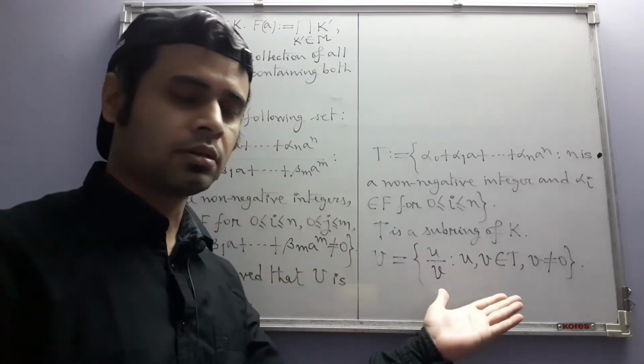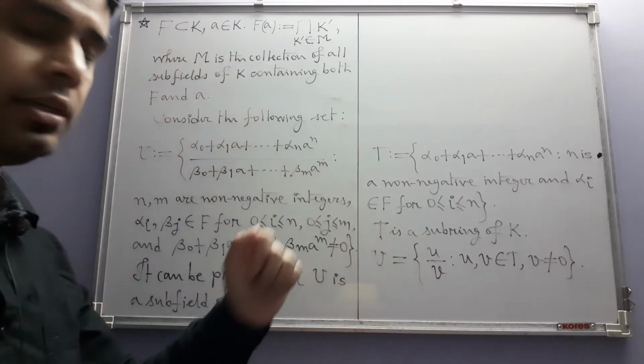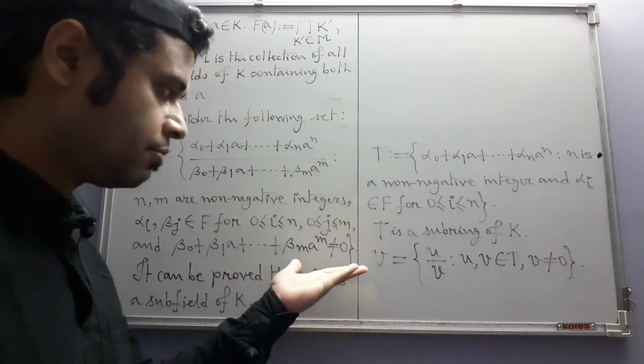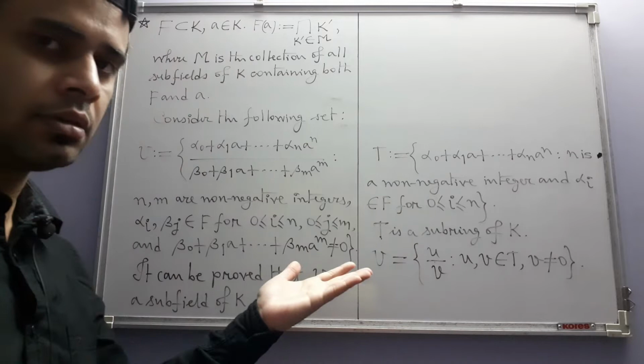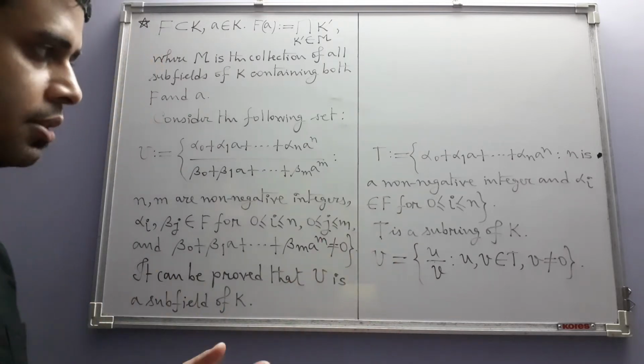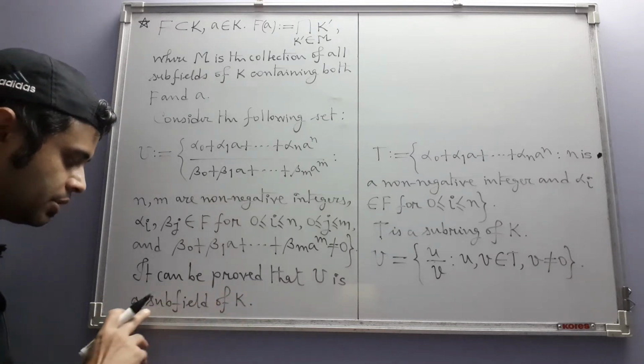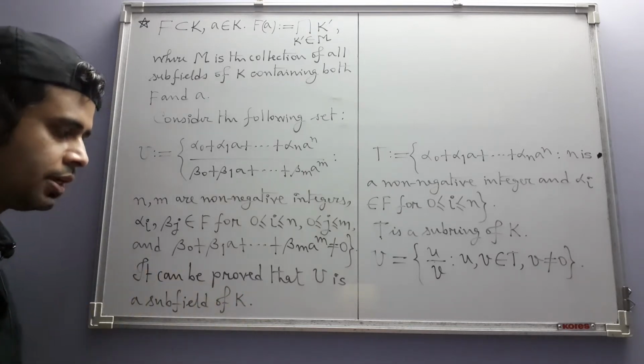Then with this observation and the fact that T is a subring of K, it will be an easy matter to prove that U is a subfield of K. So that way you can do it. So I leave that to you. It can be proved that U is a subfield of K.